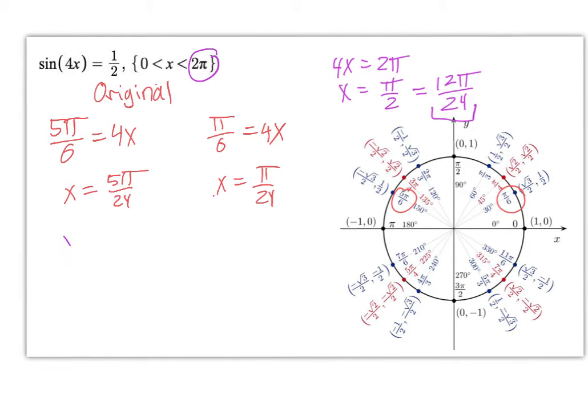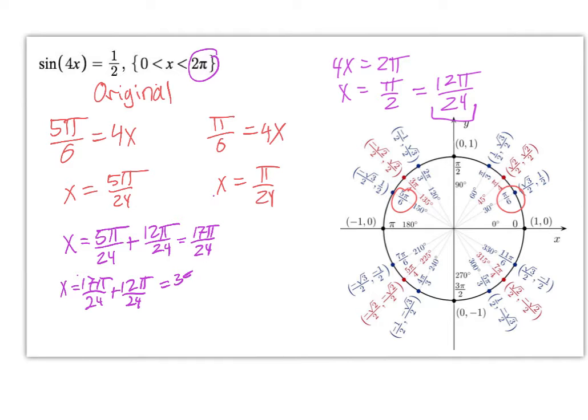That sounds a little bit confusing, so let's set this up. We've got 5 pi over 24, and to that I'm going to add 12 pi over 24. That gets us from 5 pi over 24 to 17 pi over 24. Okay, we're still okay. I'm going to start at 17 pi and add that again, and we end up getting to 39 pi over 24.